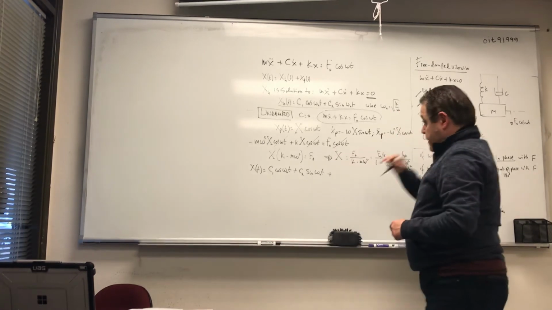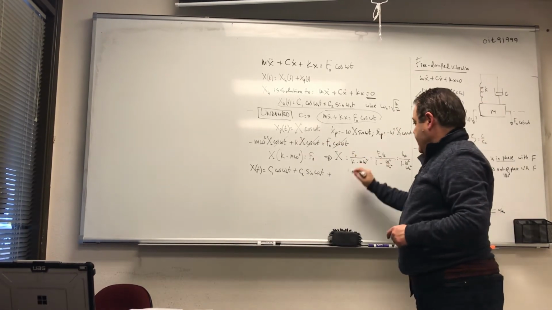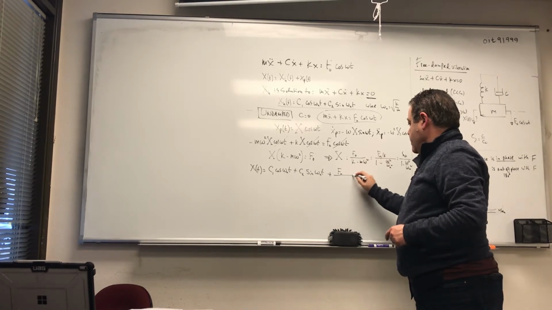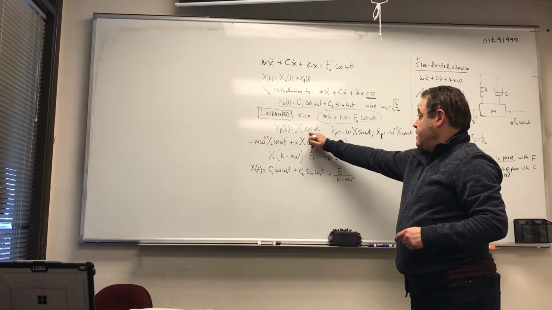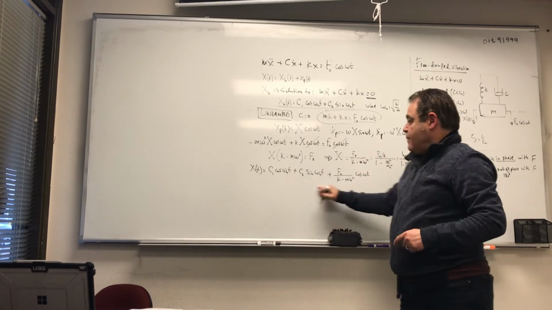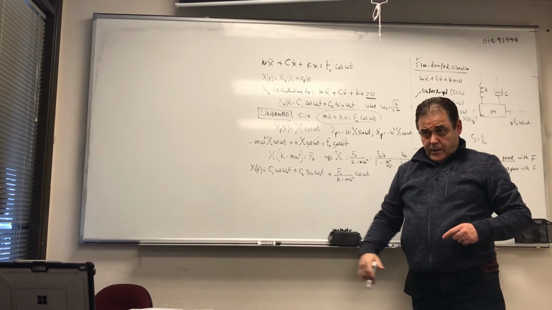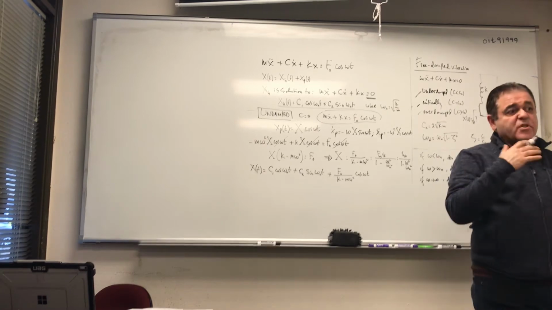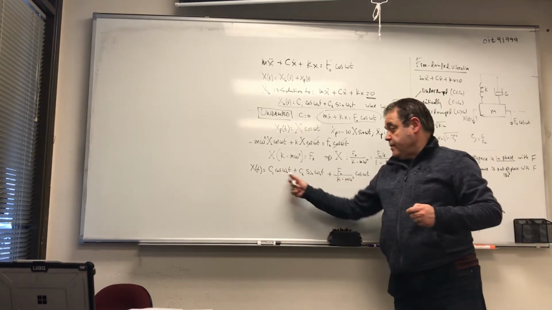Now what is xp? xp is f0 over k minus m omega squared times cosine omega t. So this is how my mass is going to respond. It's the sum of three harmonics.